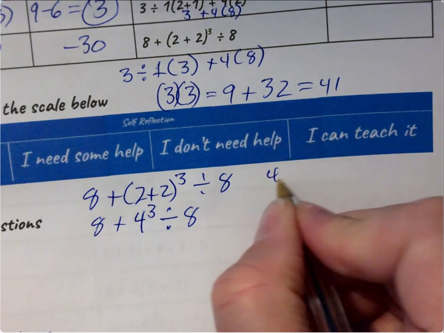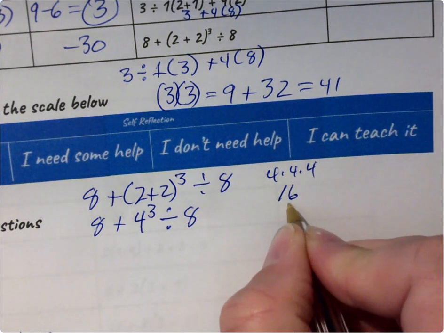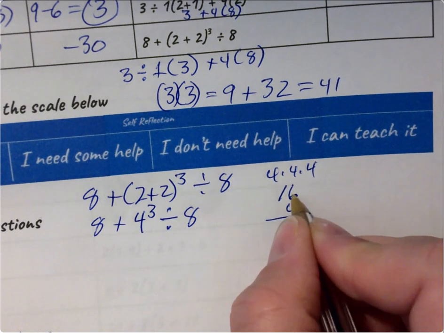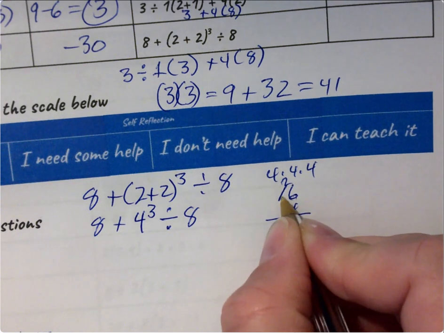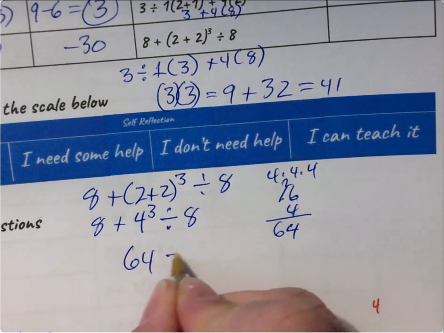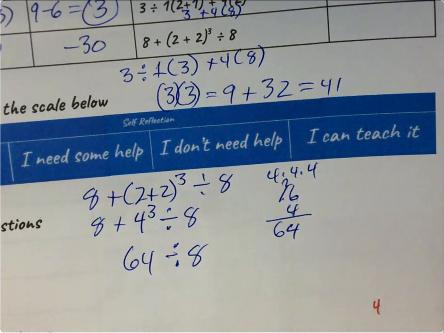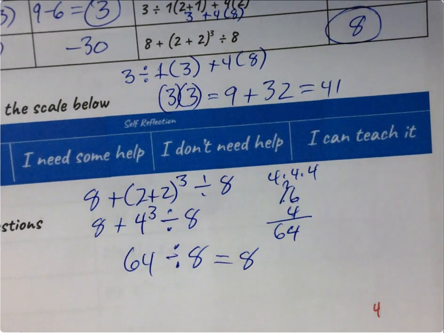Well, 4 cubed, that's 4 times 4 times 4. 4 times 4 is 16. 16 times 4: 6 times 4 is 24. Carry my 2. 4 times 1 is 4. 4 plus 2 is 6, so we got 64 divided by 8. Well, 64 divided by 8 is 8. So the last problem on this page is 8.